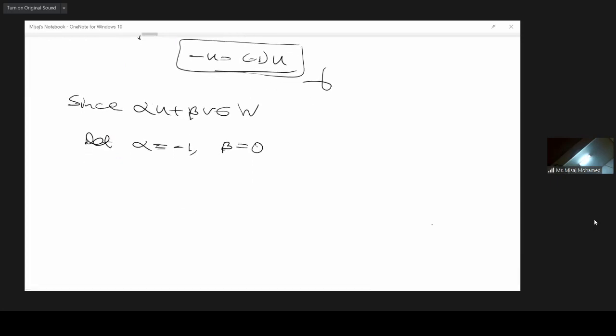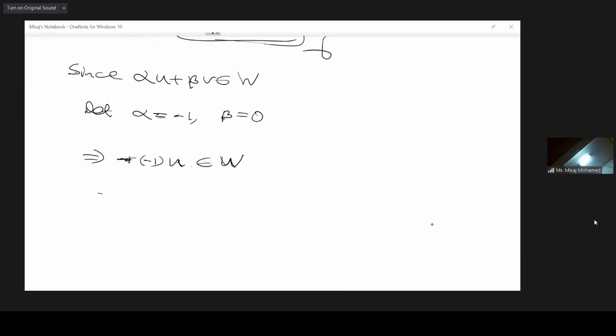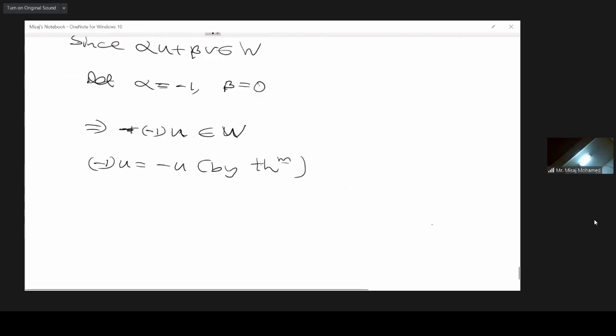Therefore, minus 1 times u plus 0 is in W. Minus 1 times u is in W. But minus 1 times u is equal to minus u by the theorem.